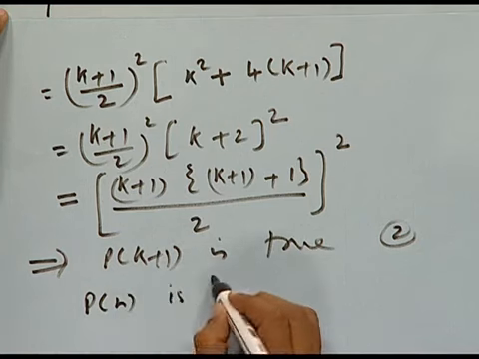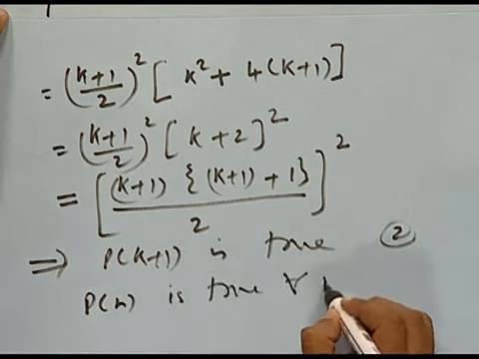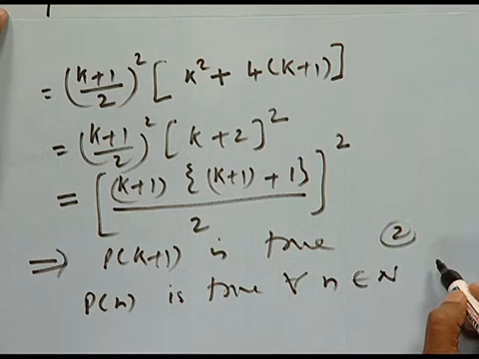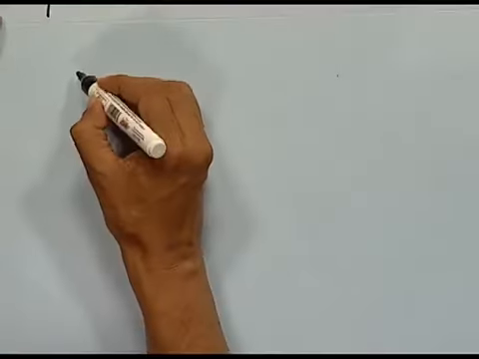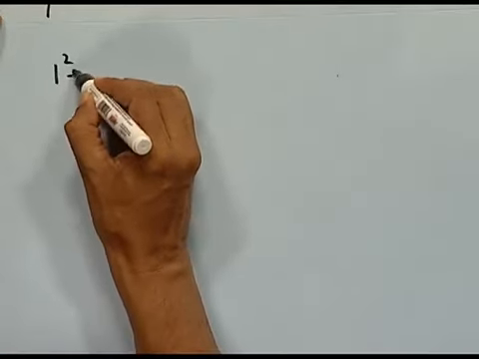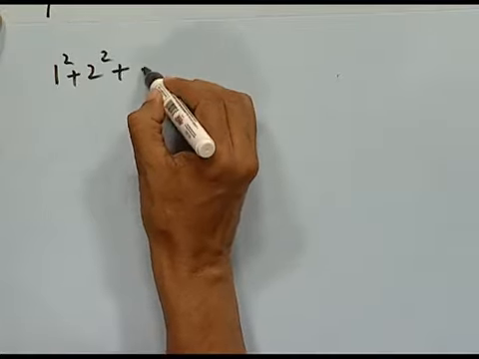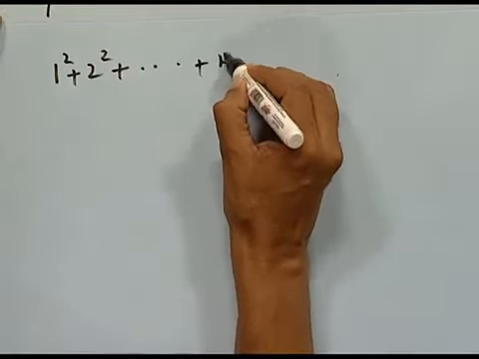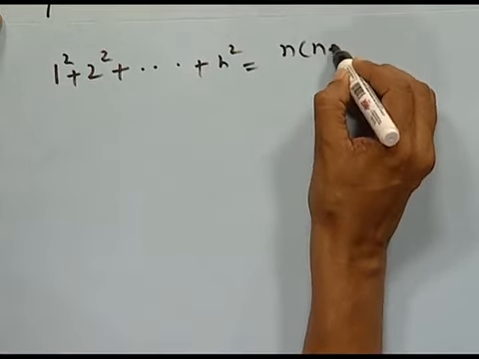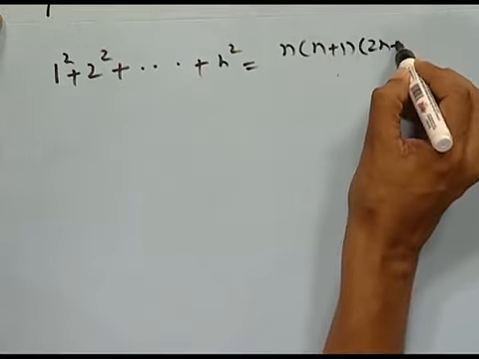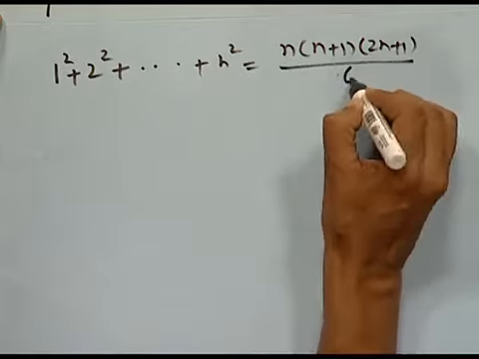Now, this completes the second step, and hence P(n) is true for all n belonging to natural numbers. We can have one more example, say 1² + 2² up to n², which we want to prove equals n(n+1)(2n+1)/6.